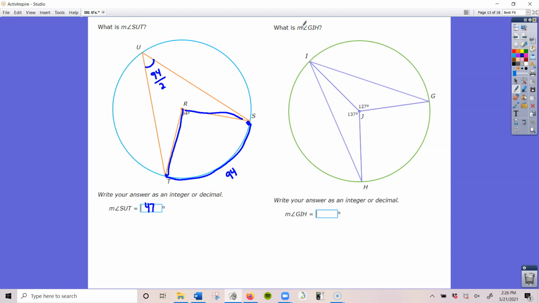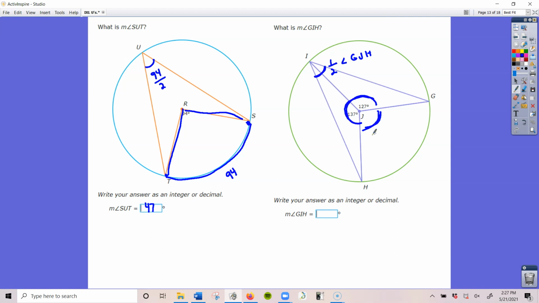For this, we're trying to find the measure of angle GIH. So here's G, here's I, and H, so we're looking for this angle here. Now this angle is going to be half of this angle. So I'm going to put here half of angle GJH. So we need to figure out what that angle is. Now luckily for us, we're given these two angles.